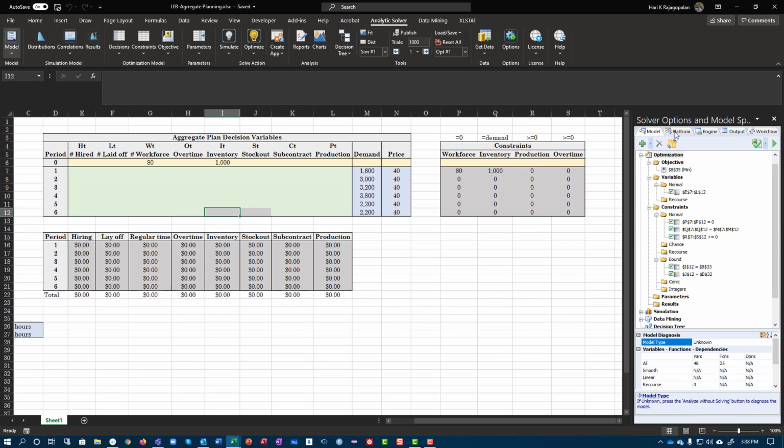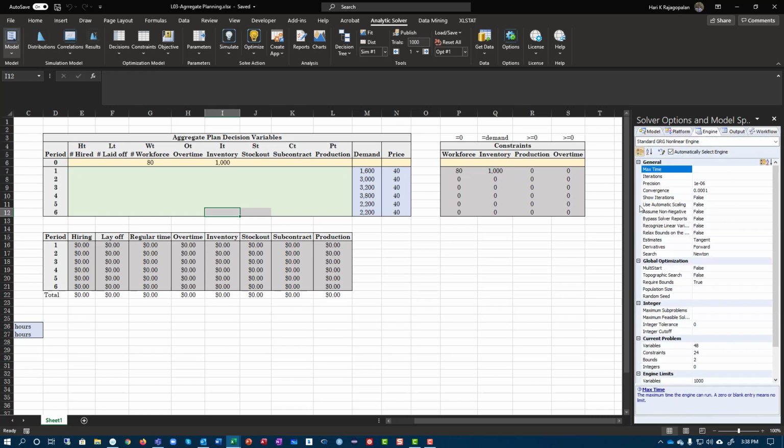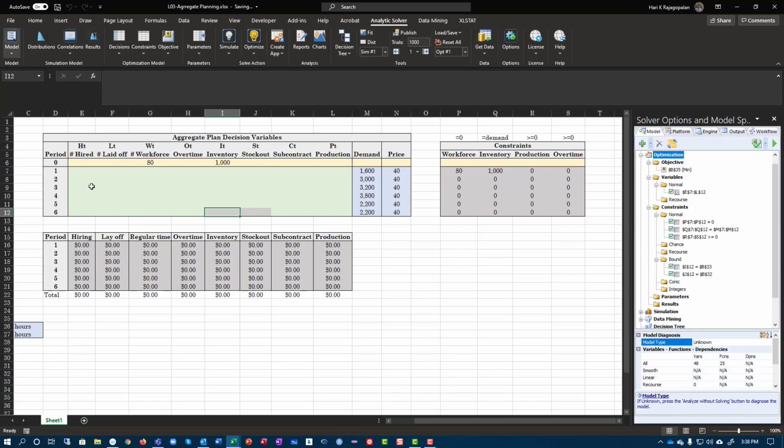Okay, now you want to go here to engine, and here assume non-negative. You put that as true. You want to keep this as true, and the reason is you can't have negative values here. You can't have negative number of people, right? So you're going to essentially say it's equivalent to saying this is greater than or equal to 0. So you always are going to do that.